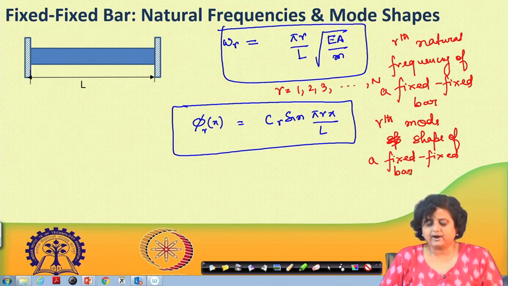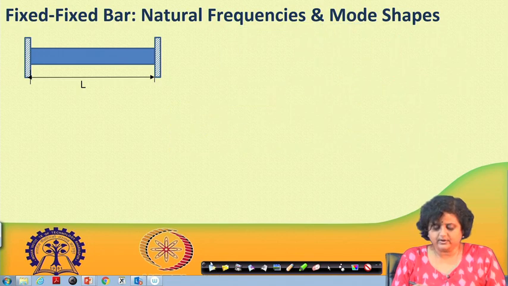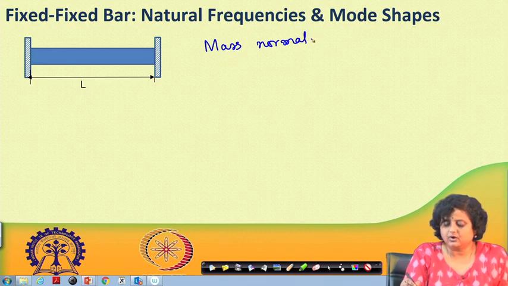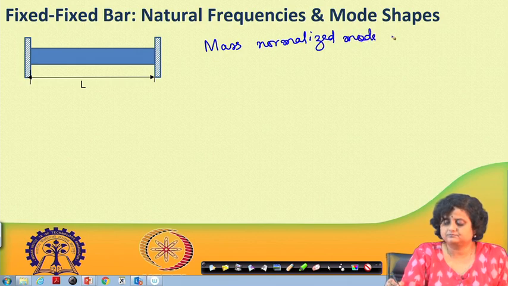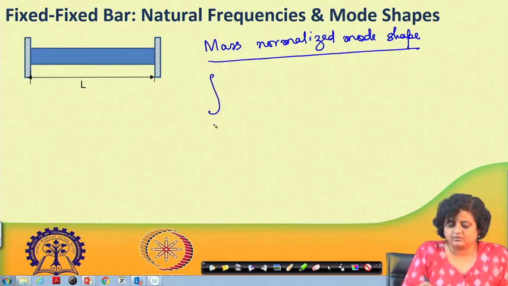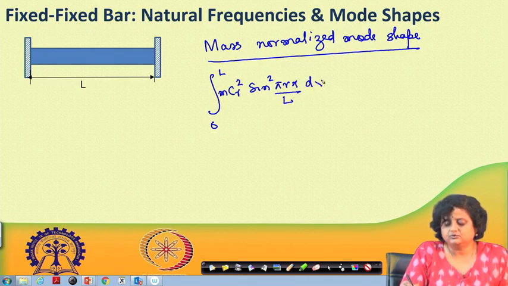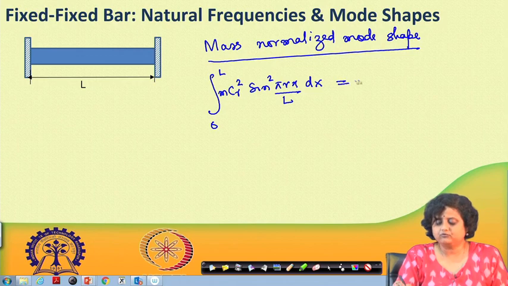Now, if we try to mass normalize it, how are we going to mass normalize? We are going to follow exactly the same procedure that we have done. So, the mass normalized integral has to be forced to 1.